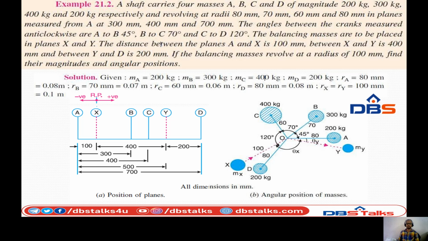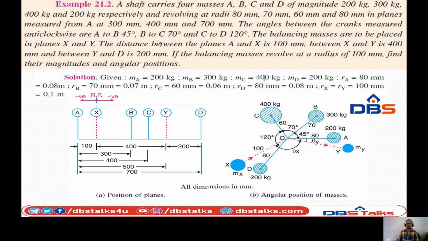So in the question itself they have given the magnitudes of four masses which are revolving at different radii and are kept in different planes. So different masses are revolving and they are to be positioned at different planes. So we need to balance these four rotating masses.